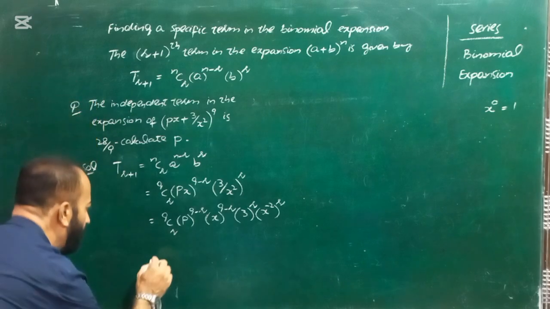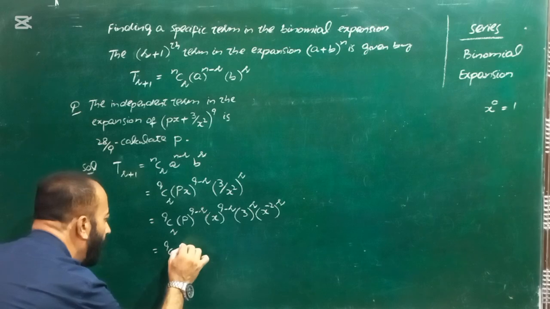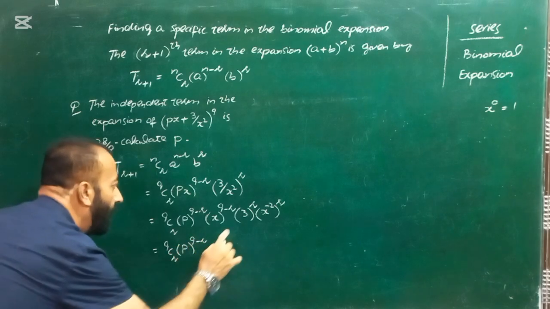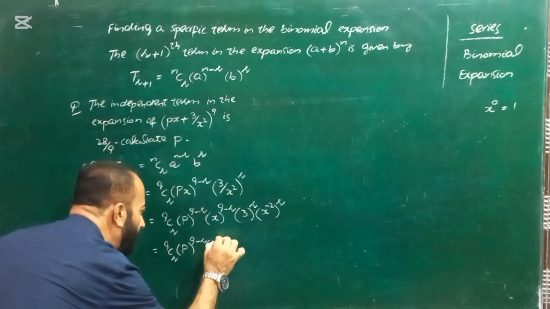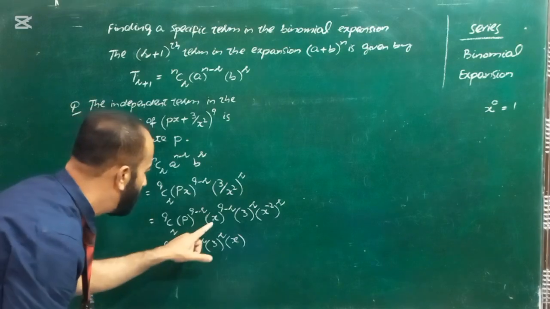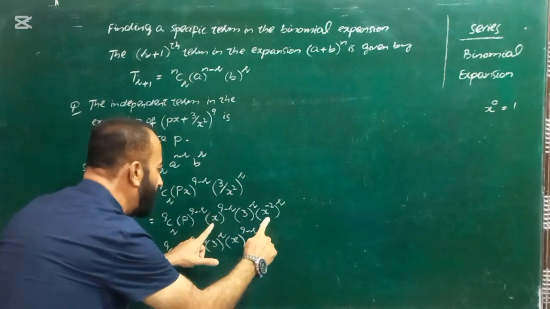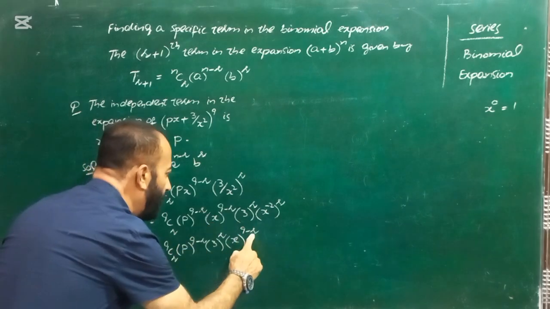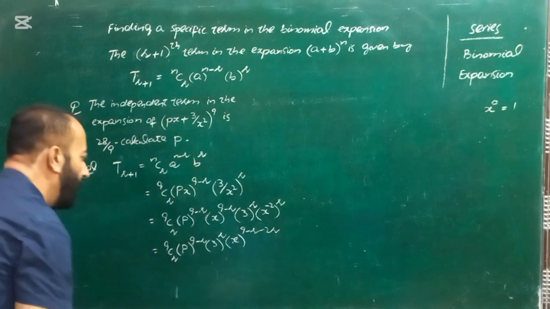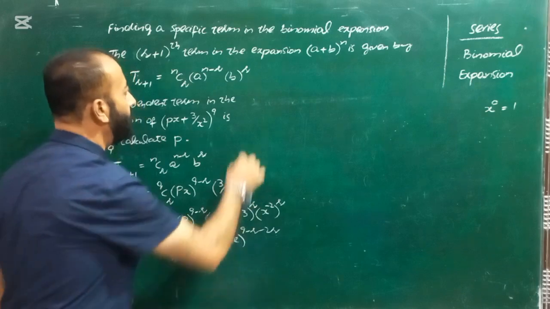Okay, simplifying further. So 9Cr into p raised to the power 9 minus r into 3 raised to the power r into x raised to the power 9 minus r is here. So bases are the same, powers will be added. So 9 minus r is here and its power is minus 2r. So this is minus 2r. So from here you can see the power will be 9 minus 3r.